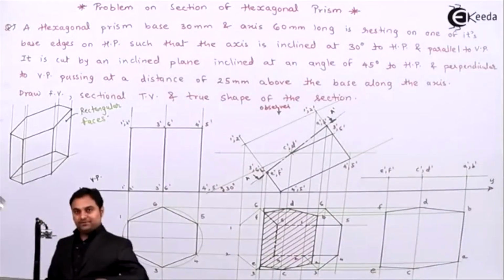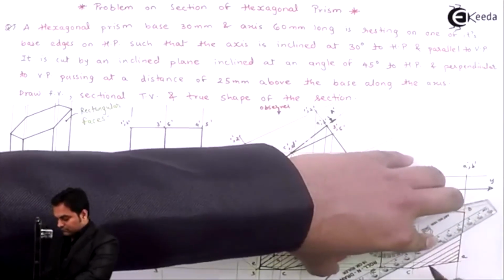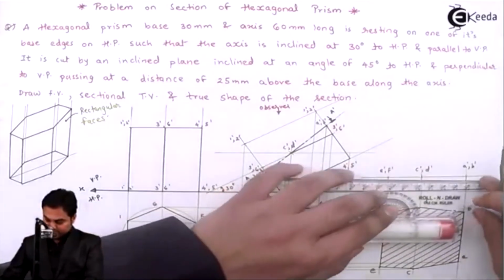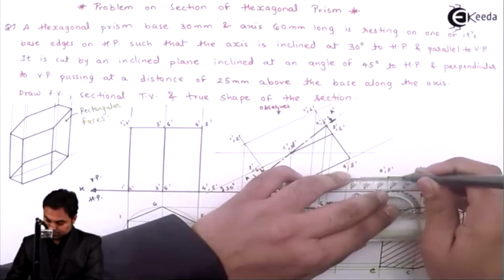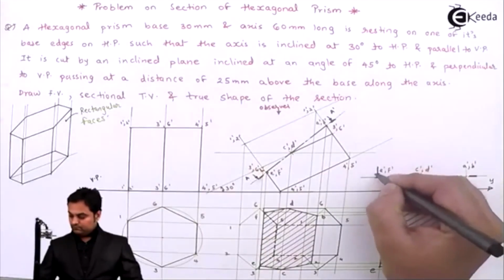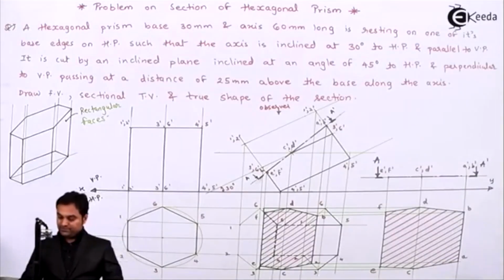This is the true shape, so drawing section lines, drawing the cutting plane dark. A dash, this is the true shape of the section.